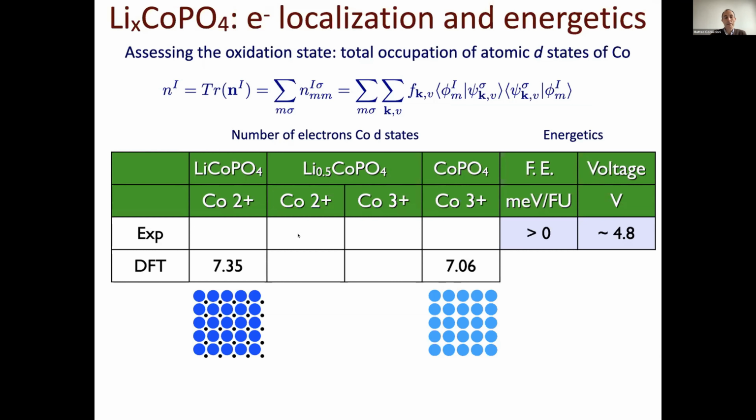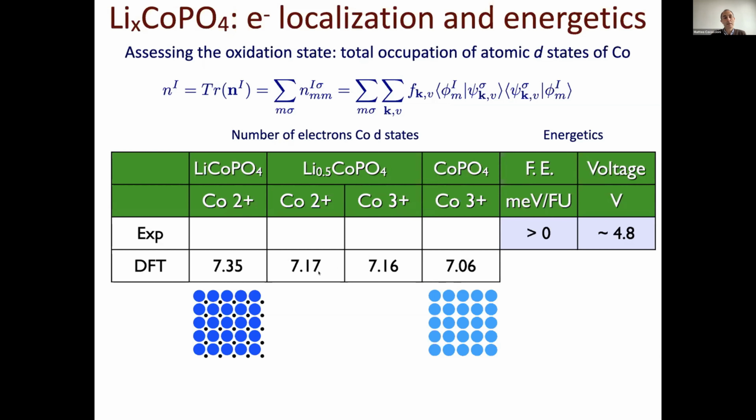Now, is this the case if we use any of the standard approximate functionals? Well, ideally, we want to have, again, this number reproduce this one here for the 2+ states, and this number here for the 3+ states. This is not the case with standard DFT approximations for the exchange correlation functional, and as you see, we basically get something in between.